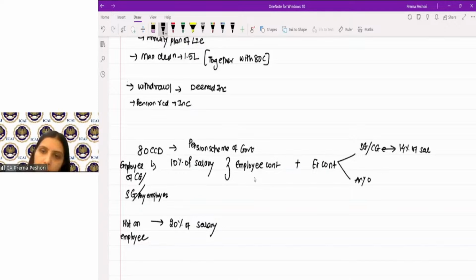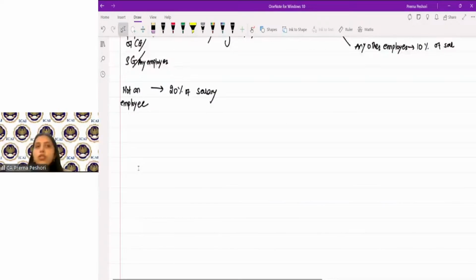So the employer contribution for the central government or state government employer is 14% of salary. For any other employer, it is 10% of salary. Are we clear? So 80CCD, I'm making one chart for you.